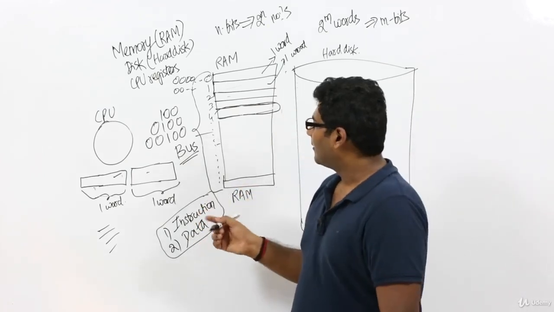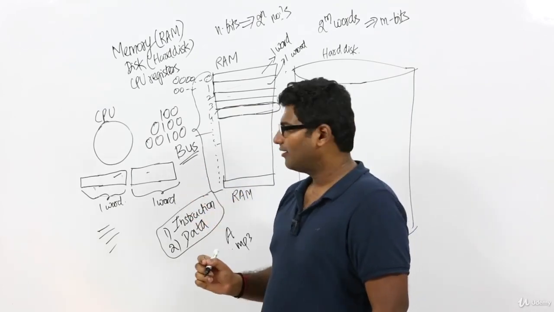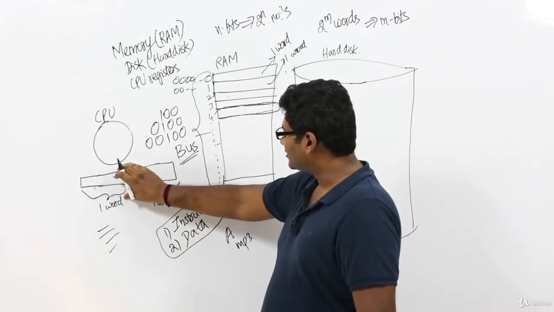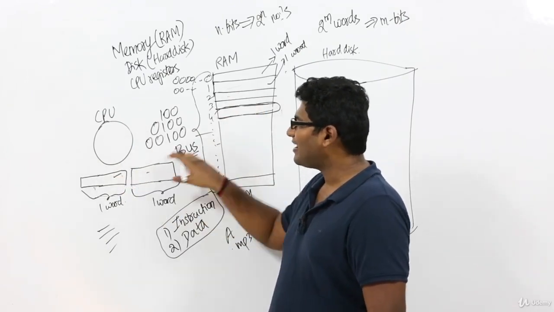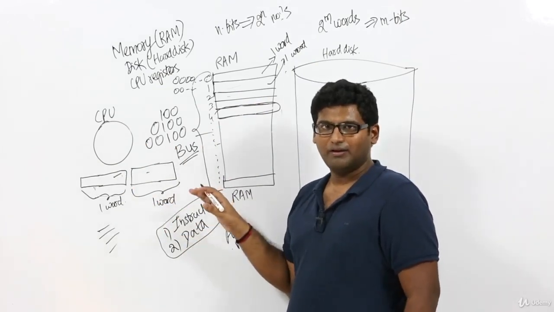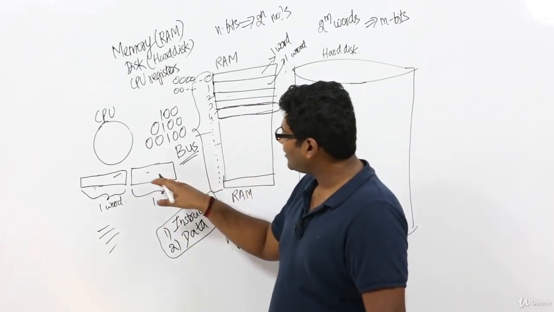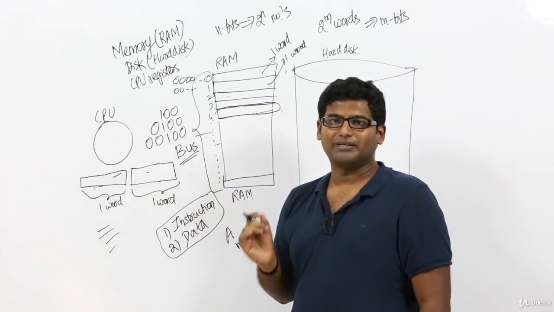By bus, what I mean is it is a collection of wires. Our CPU's registers will be connected to RAM through a set of wires. You can think of it like a set of 2 wires. One is used for sending the address, which is also called the address bus.